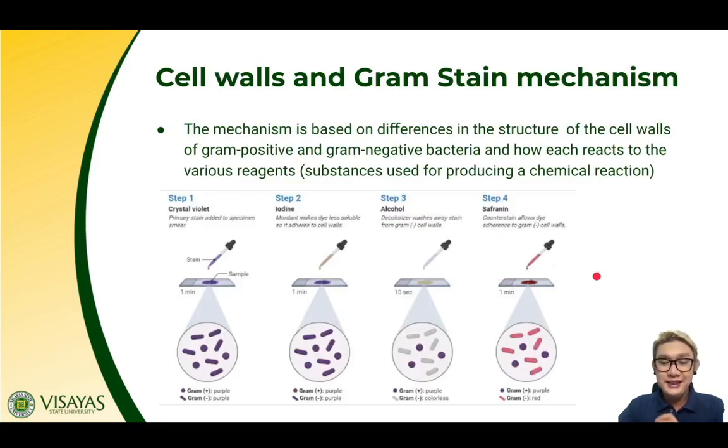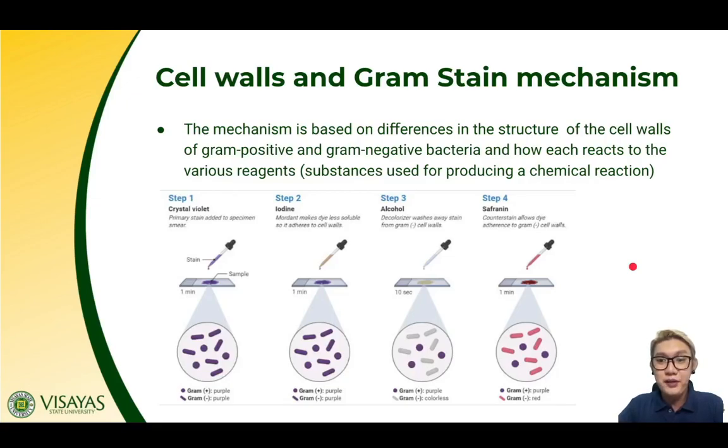Now, because of the differences in bacterial cell walls, a technique was developed by Hans Christian Gram in order for us to determine which type of cell wall a certain bacteria has.